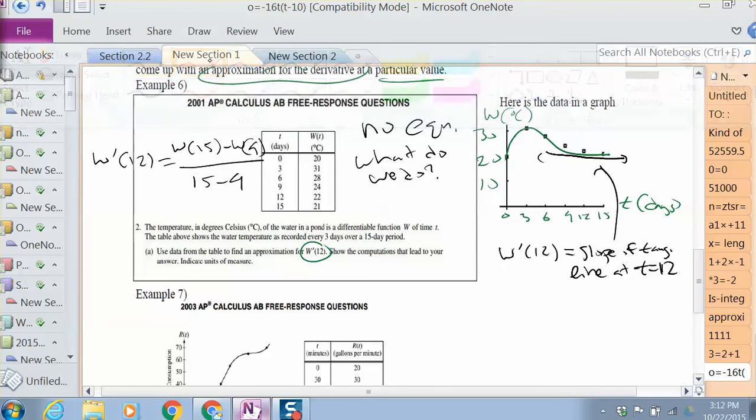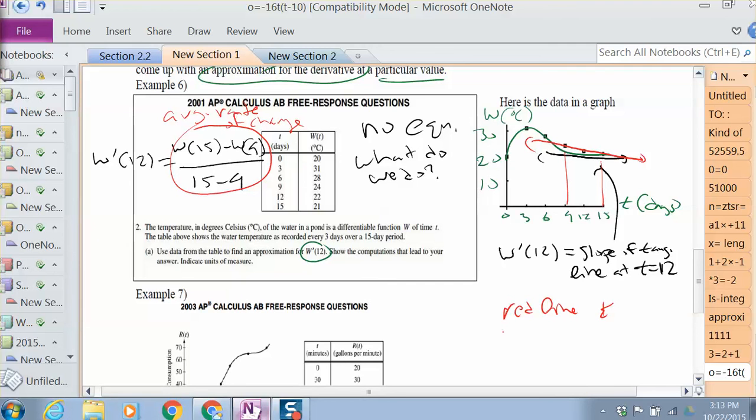I feel comfortable in saying that because this right here, of course, is an average rate of change, which is going to be a secant line that passes through 9 and 15. Well, if you think about it, it seems as if the red line and the black line are nearly parallel. So it does serve as a good approximation.